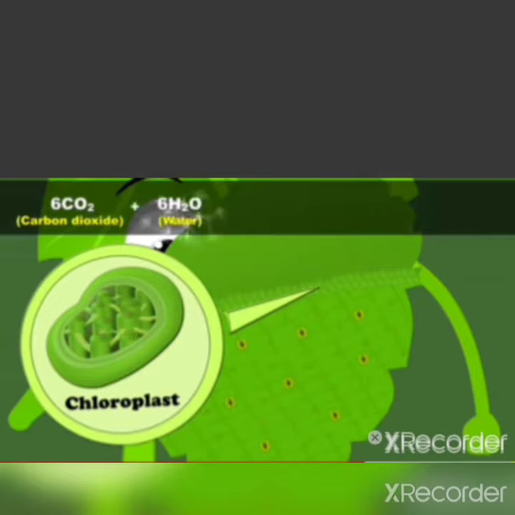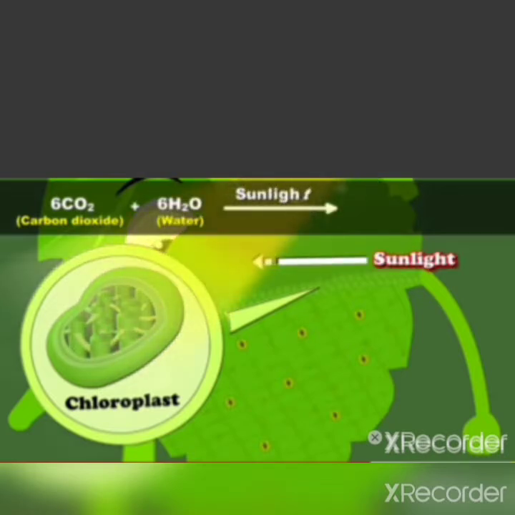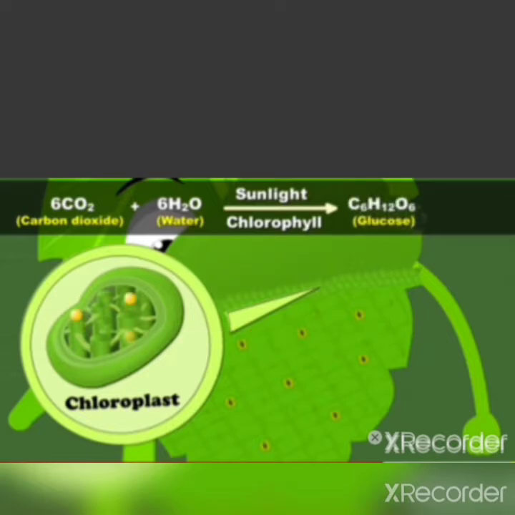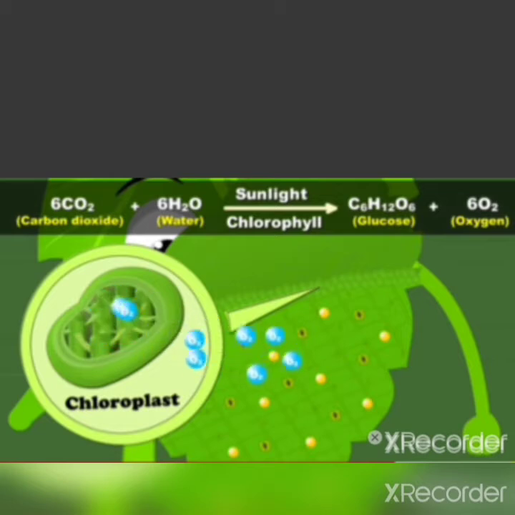Carbon dioxide plus water gives glucose plus oxygen in the presence of sunlight and chlorophyll.